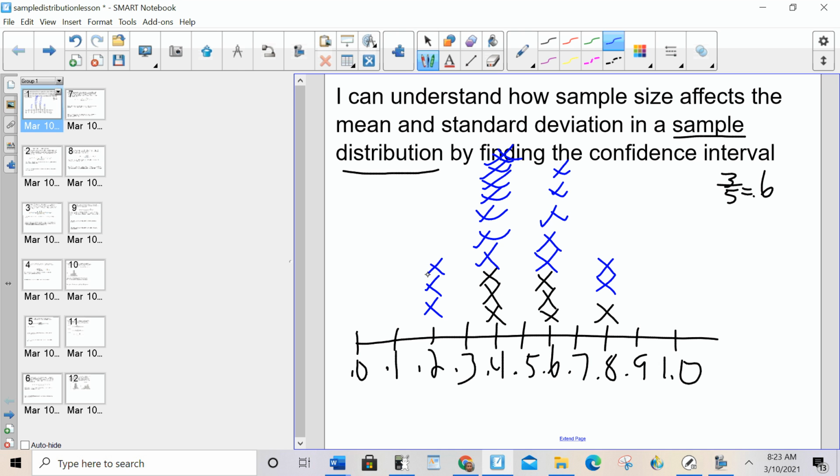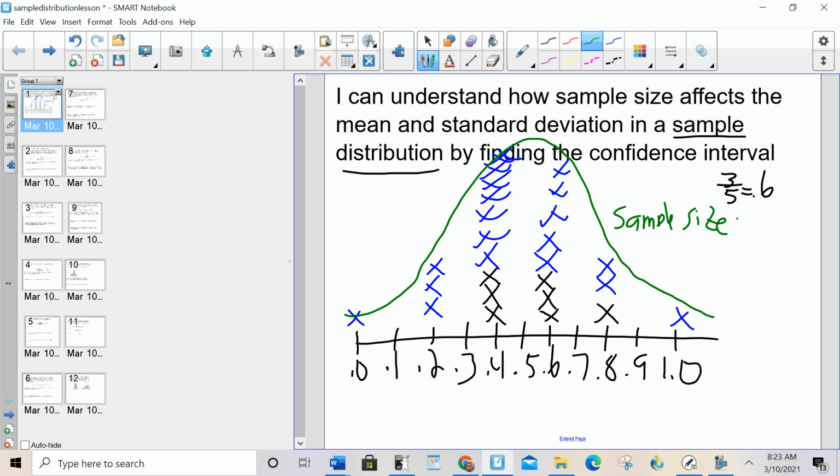And then I might get maybe 1 out of 5 heads and maybe none. So my sample distribution would look something like this. Now this should look a little familiar to you. This looks like the normal distribution curve. And that's what it would look like approximately with a sample size of 5, meaning I flipped the coin 5 times.